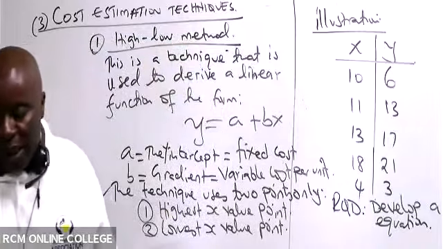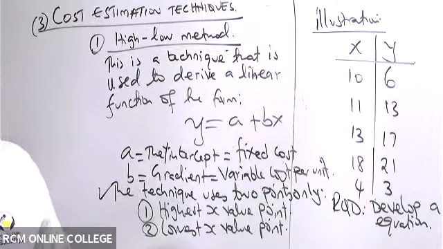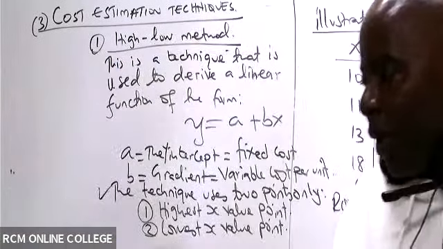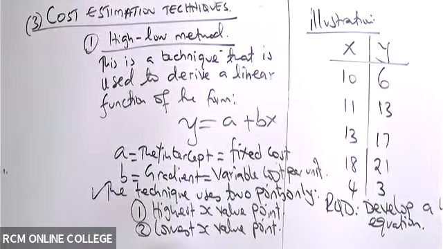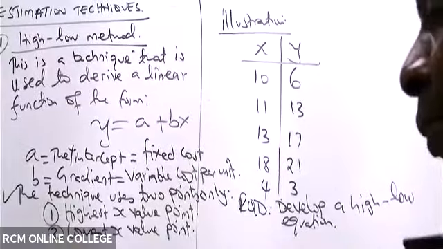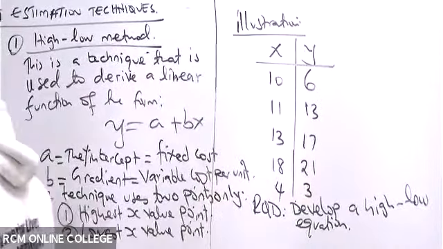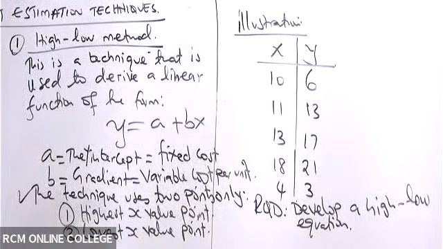You develop a high-low equation. So once you guys are able to write, ladies and gentlemen, great. We develop a high-low equation.